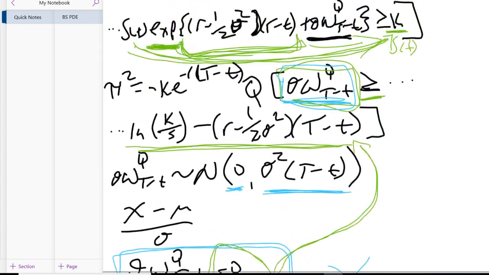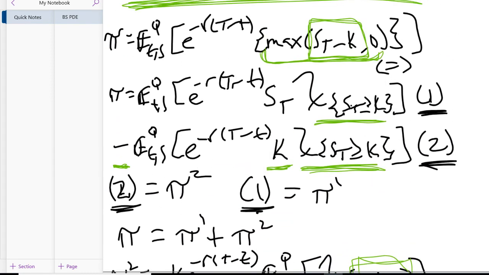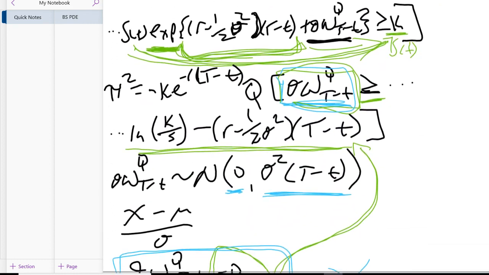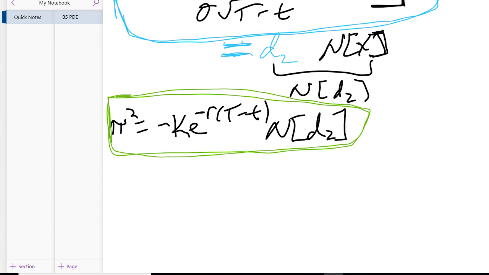Recall we split things up when we wrote them in terms of indicator functions, into equation 1 and equation 2, and thus we move forward with pi 2 and pi 1. So that's the pi 2 part. And this is also the solution to a short binary call option, a short cash or nothing call option.